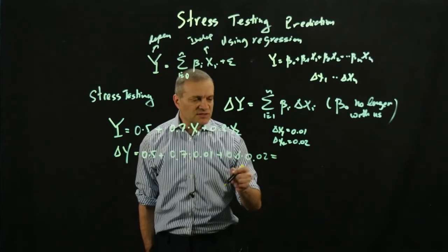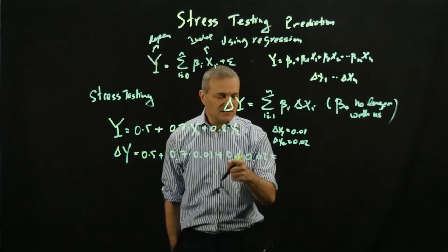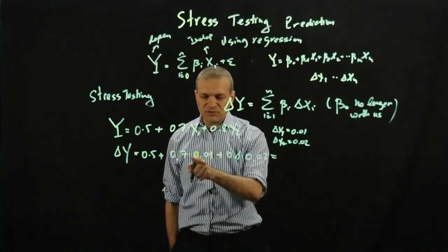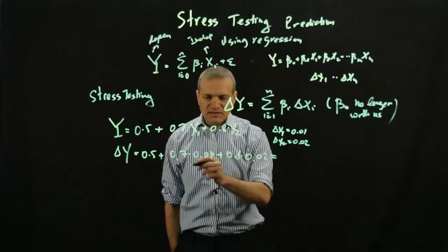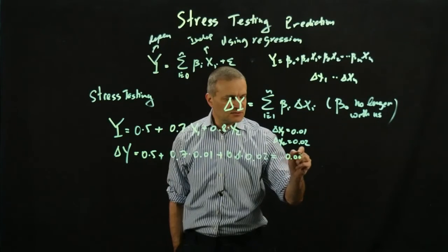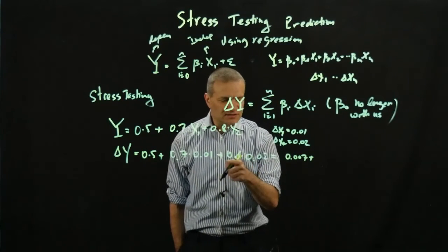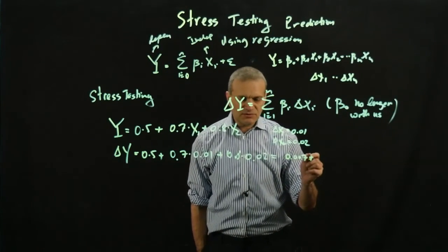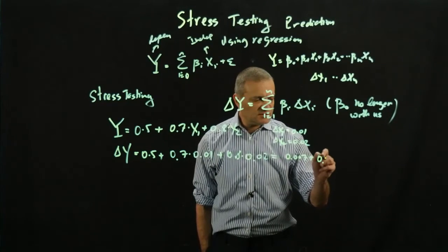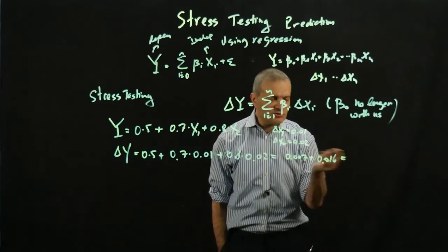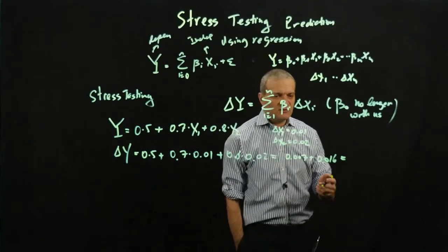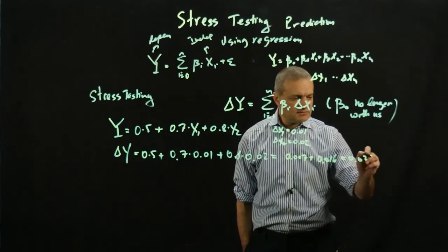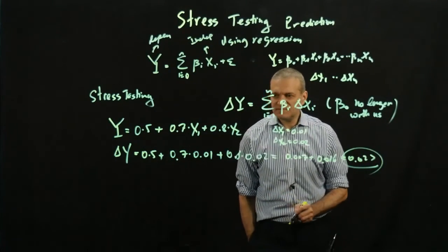So this will be 0.007 plus whatever this is going to be, I think 0.016. So together you get, I think, 0.023. So this will be your change.